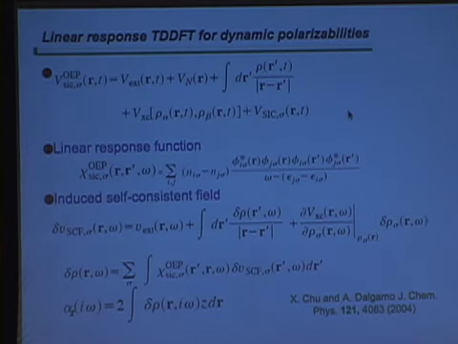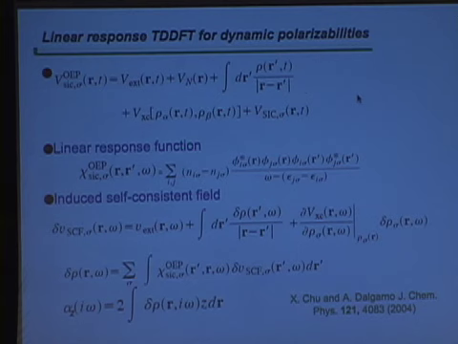And that in combination with the external field is what we're trying to compute, and it's called the delta V self-consistent field here. So this is defined as a Fourier transform of this time-dependent potential, and it's supposed to match up this time-dependent formalism term by term. Except here we incorporate the self-interaction term into the exchange and correlation.